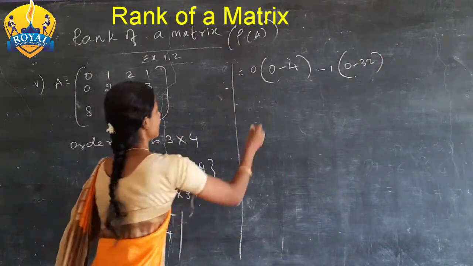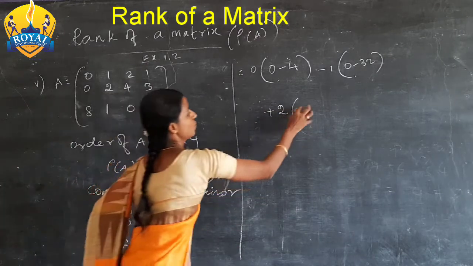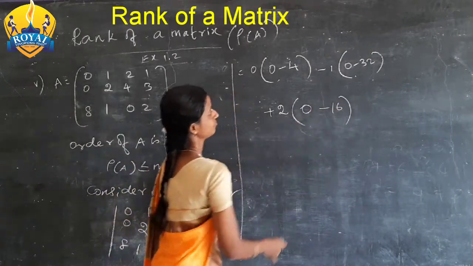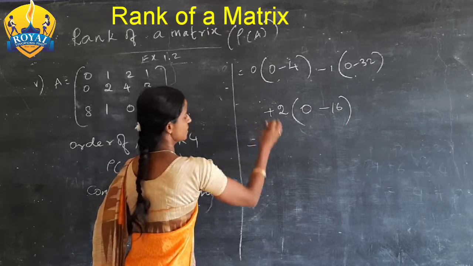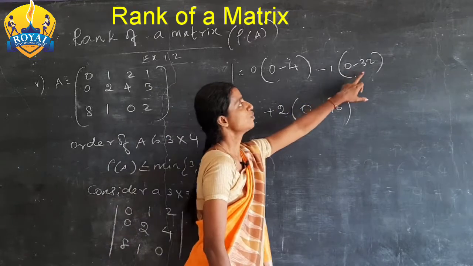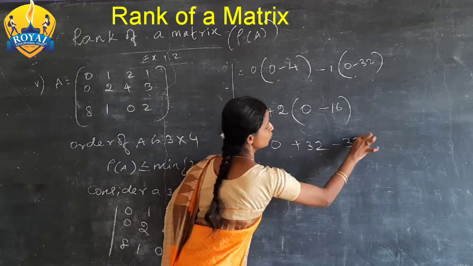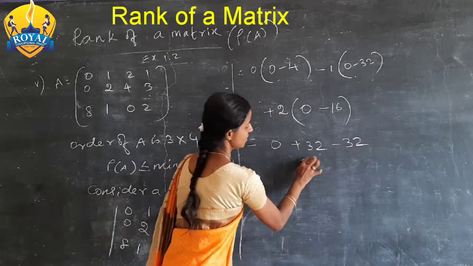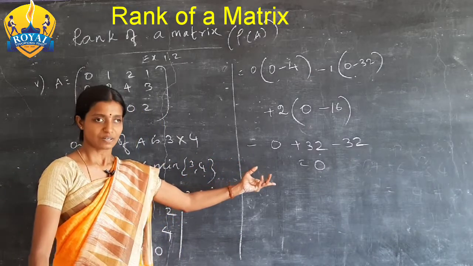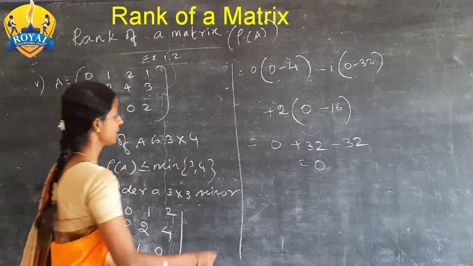Then the last, plus 2 into 0 ones are 0 minus 8 twos are 16. So here 0, because I have 0 before the bracket. Minus 1 into minus 32 becomes plus 32. Here minus 32. So what happens here? 0. Since it is vanishing, let me pass on to the next 3 cross 3 minor.